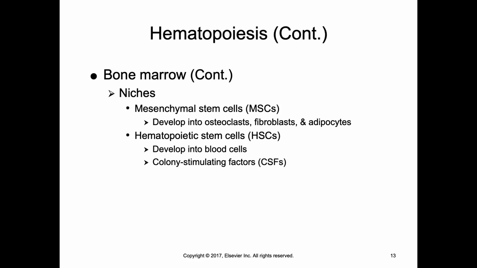What are some of the niches in marrow? Well, mesenchymal stem cells develop into osteoclasts, fibroblasts, and adipocytes, okay? While hematopoietic stem cells become the formed elements of blood, okay? And they're triggered to do that by what are called colony stimulating factors, which promotes a process called differentiation.